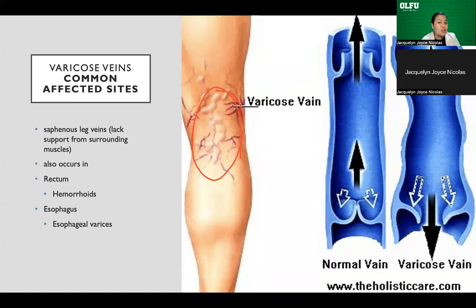Okay, however, it can also occur in rectum, in cases of hemorrhoids or almoranas. Ayan, it can also be present on the esophagus as a form of esophageal varices. So this is how varicose looks like. Normally, di ba sabi nga natin, meron tayong mga valves.